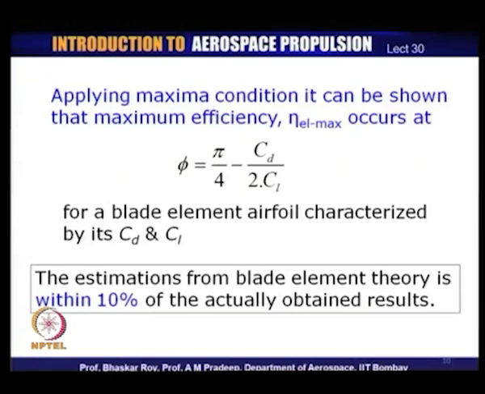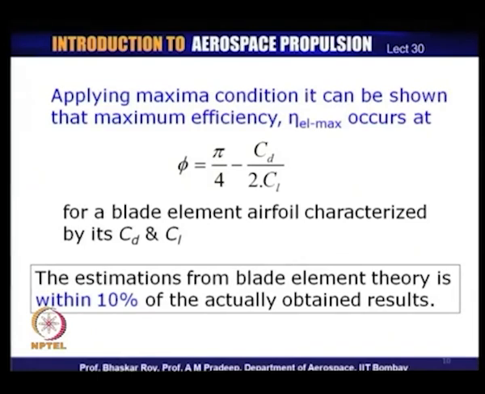Of course, the elemental aerofoil is characterized by the CL and the CD, and hence it stands to reason that they together decide what the maximum efficiency is likely to be.